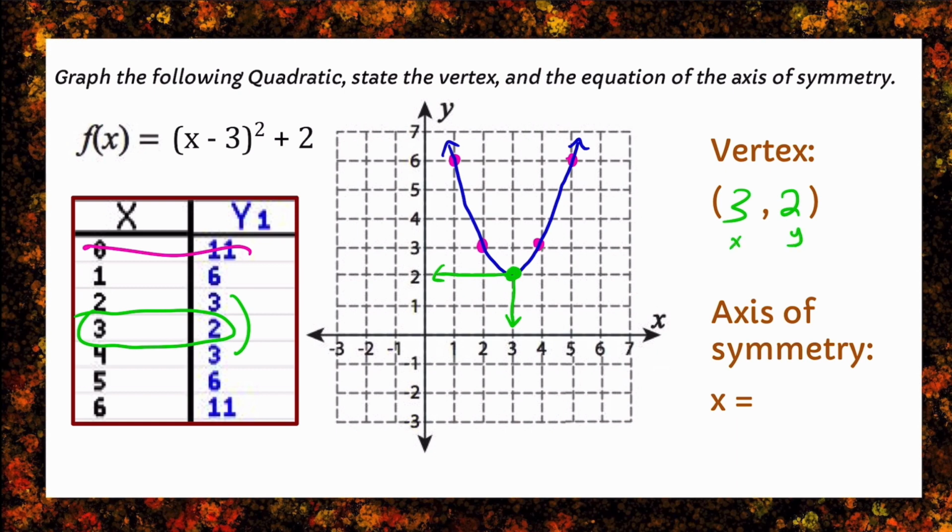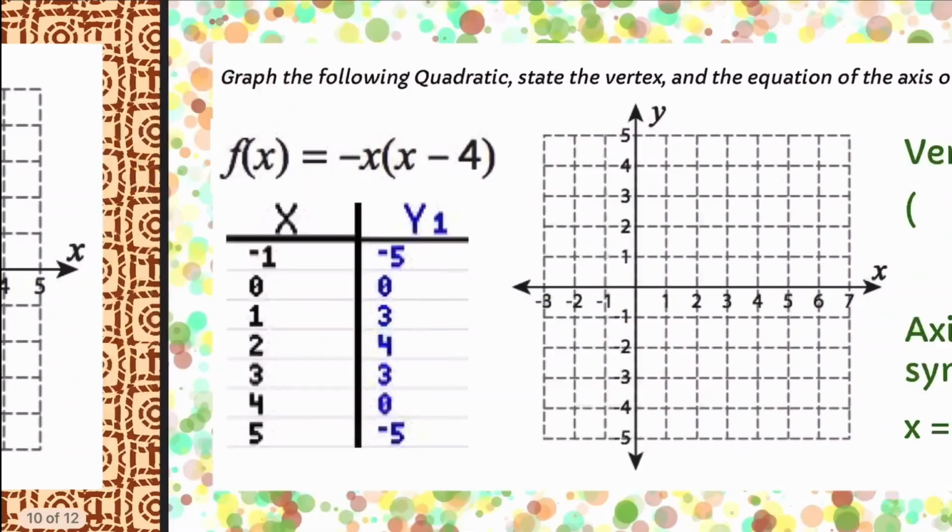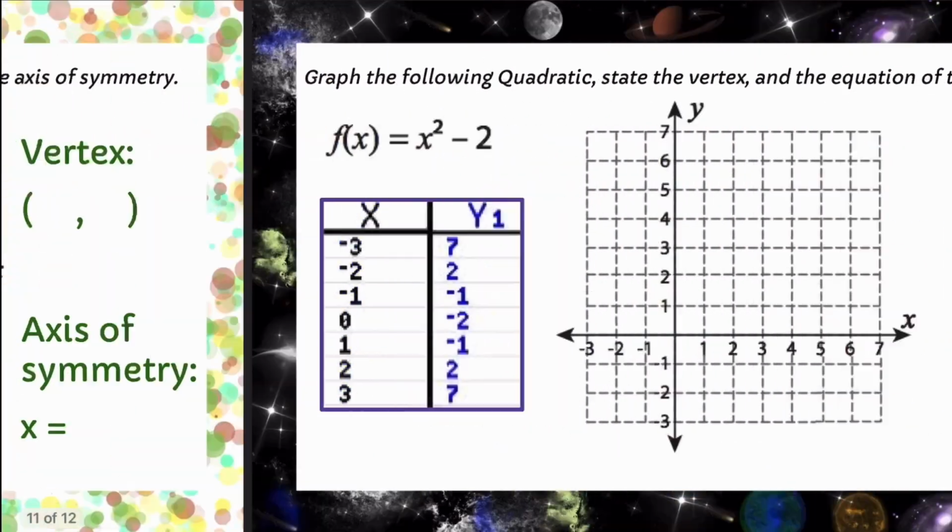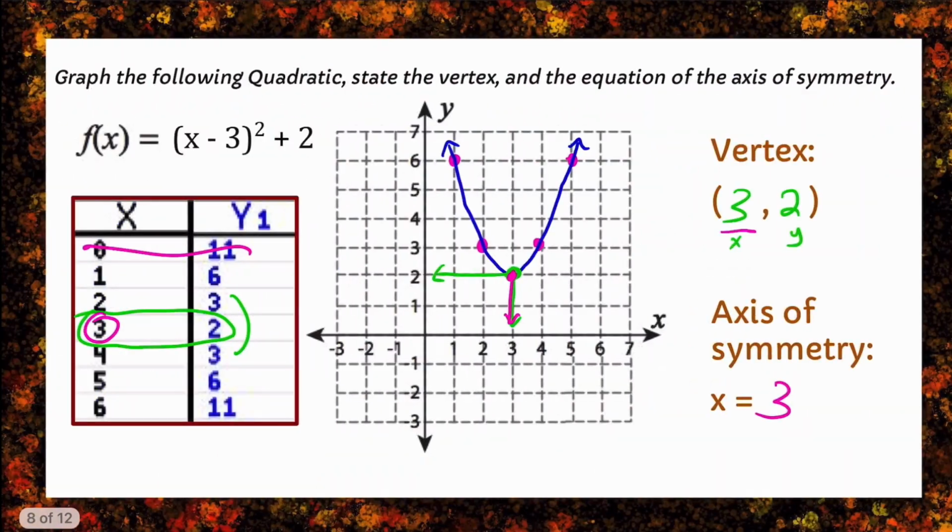And what would be the equation of the axis of symmetry? This is super easy once you have the vertex. It's just the x value that's in the middle. We already got that to be 3 from there and also from there. So you're going to run through the rest of these on your own, and I'll be here if you have any questions.